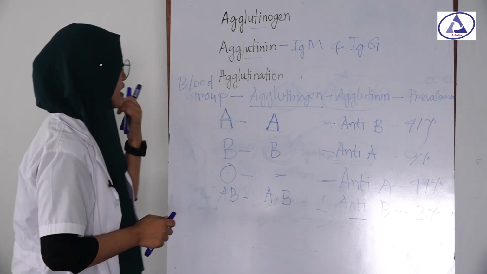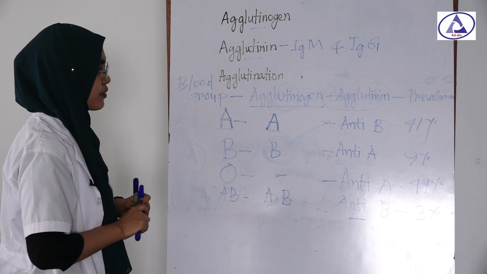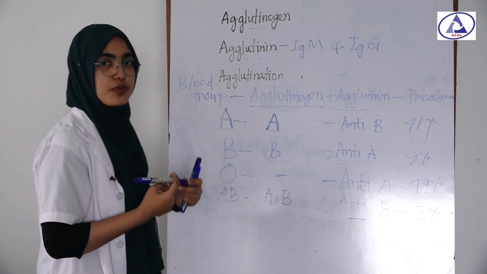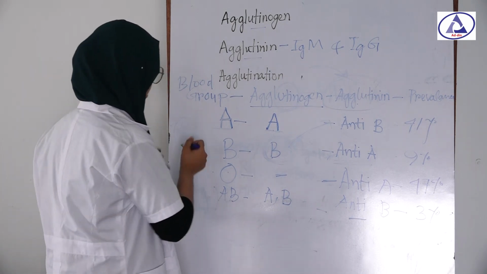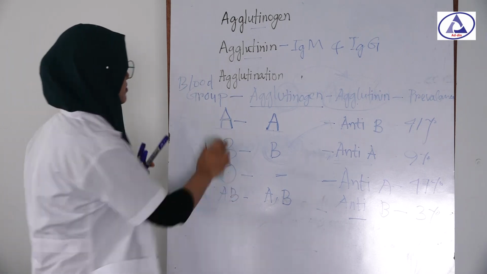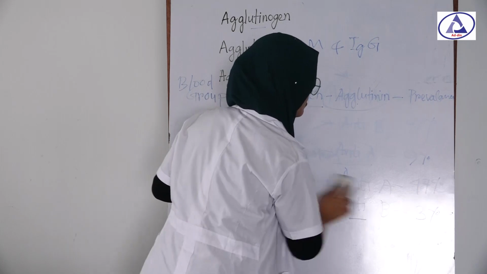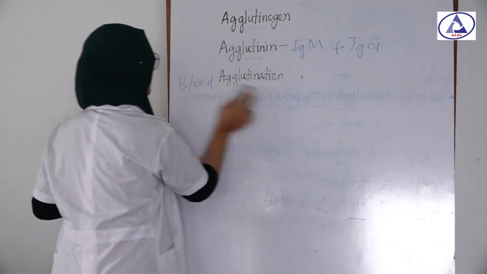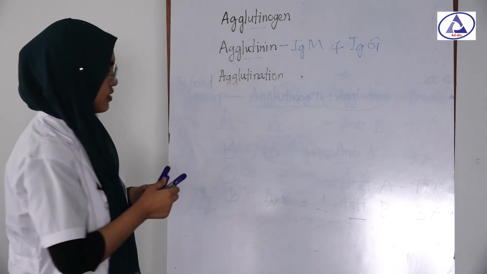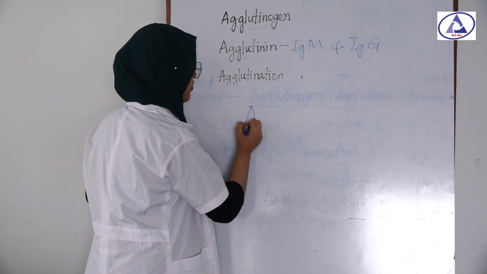So now we know the ABO blood grouping system. So can we transfuse blood now? What about this portion?